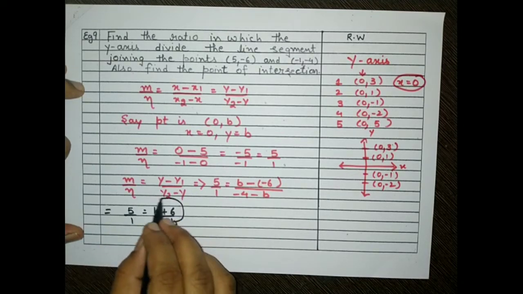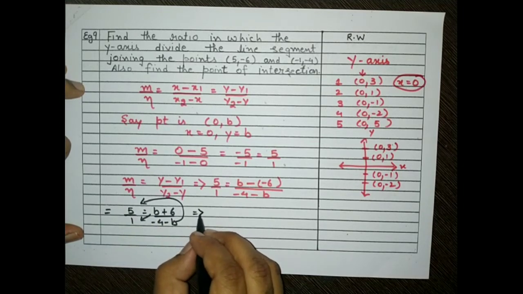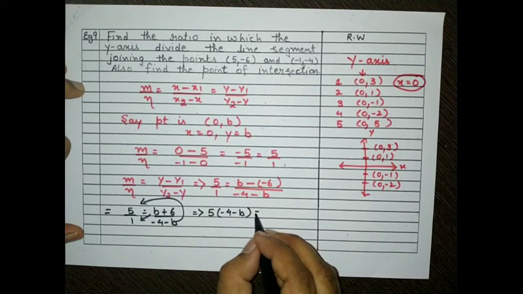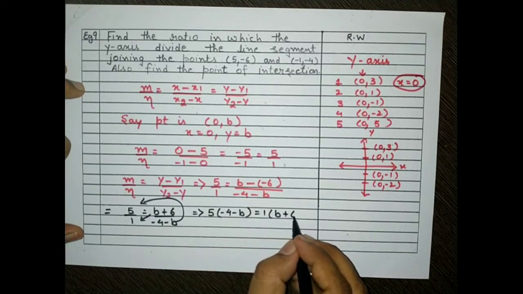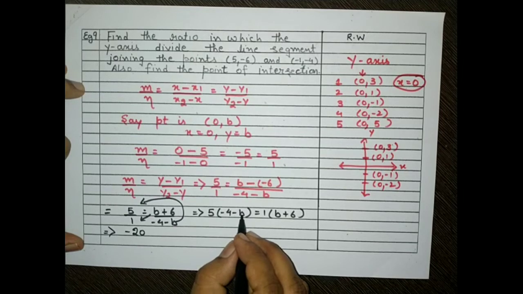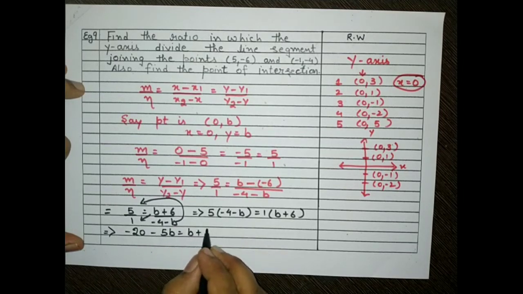So if I cross multiply, it becomes 5 into (-4 - b) equal to 1 into (b + 6). So 5 into -4 is -20. 5 into -b is -5b. 1 into b is b and 1 into 6 is 6.